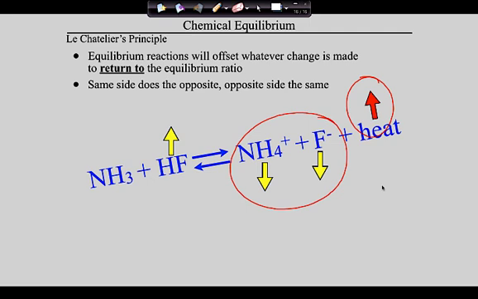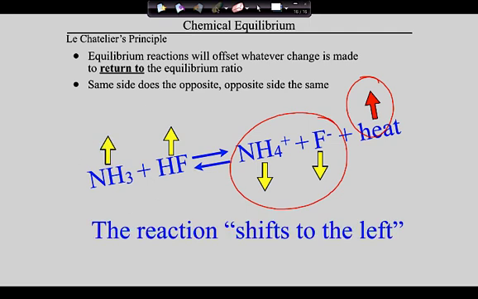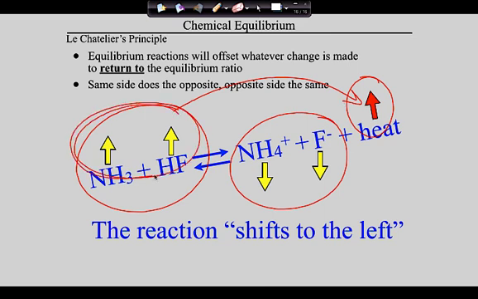Then notice on the opposite side over here, these things did the same as the initial change. So that means that the NH3 and the HF will go up. Then how do we talk about this in terms of an overall shift? Well, you'll notice that it's the things on the left that are going up. So we would say that this is a reaction that shifts to the left.